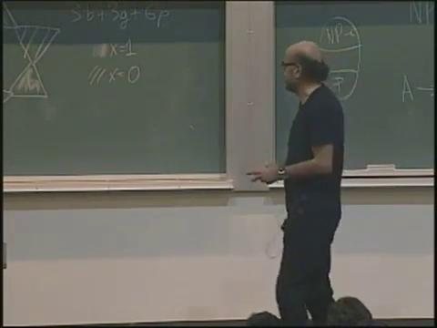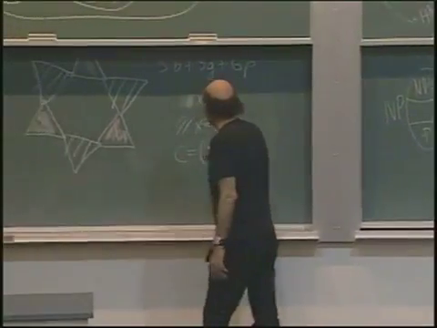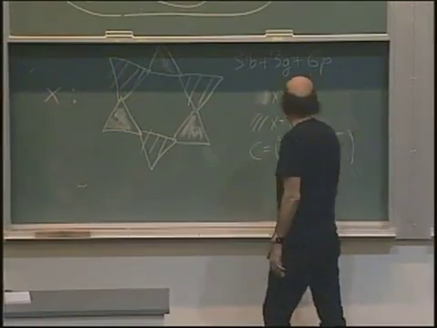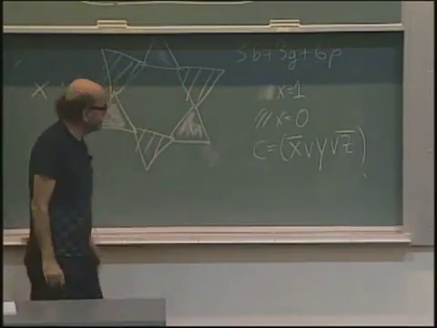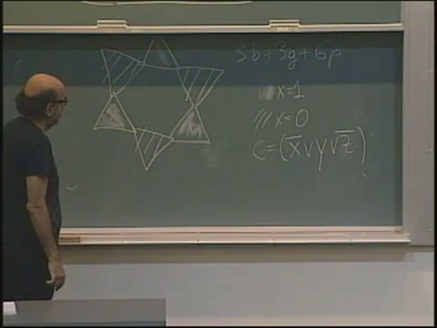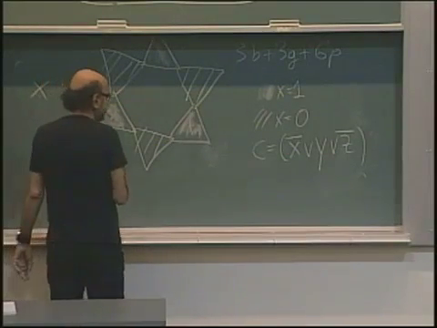What do I do about my clauses? So imagine that I have a clause here, which is, I don't know, X bar or Y or Z bar. Here's what I'm going to do.